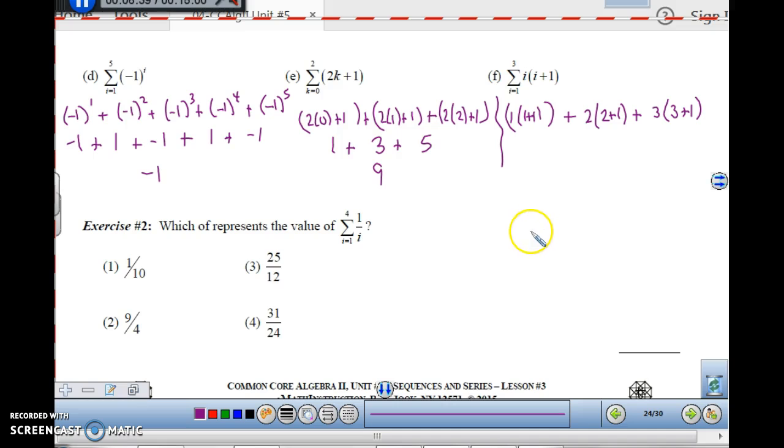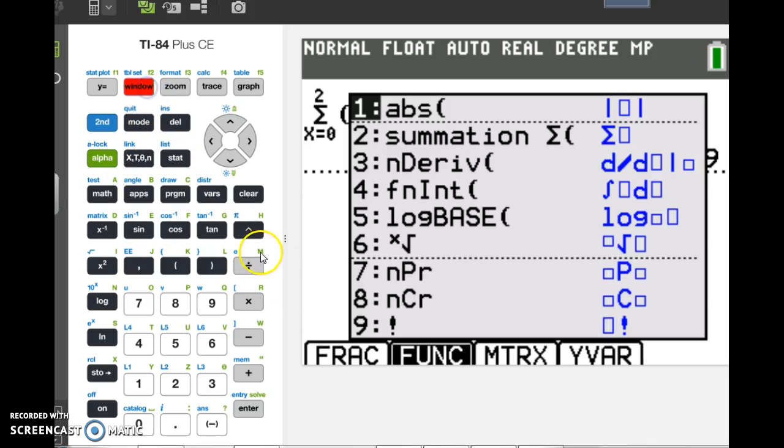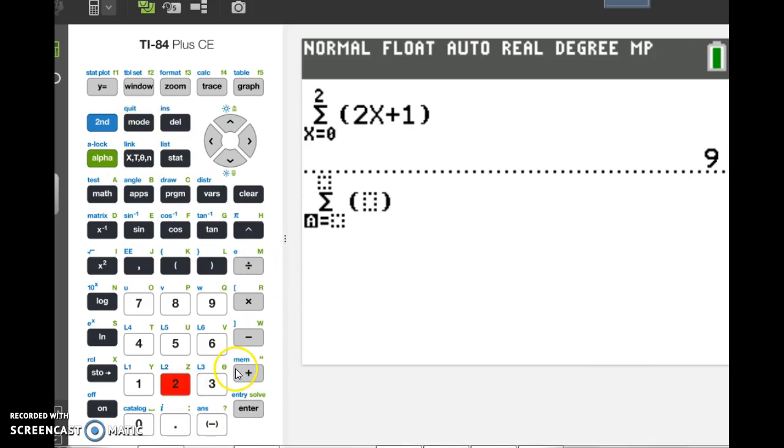Now let's do this one in the calculator. Summation number 2, we have x equals 1 and then going to 3 of x times x plus 1. Let's see what we get.